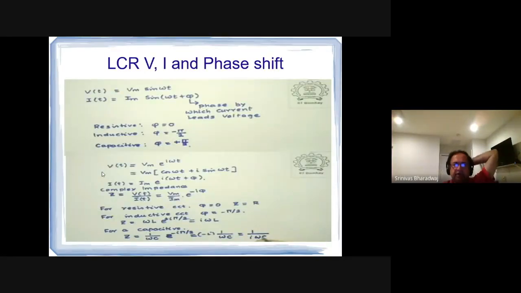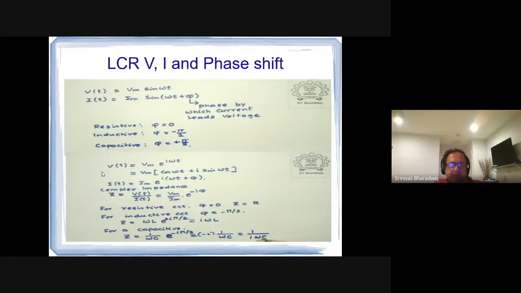Now the LCR circuit is essentially aimed at helping students understand the idea of phase diagrams and everything. Okay, now there are more complicated circuits than just the plain LCR in series circuit, and there are many combinations of it also. I won't say more complicated, but many combinations of it.